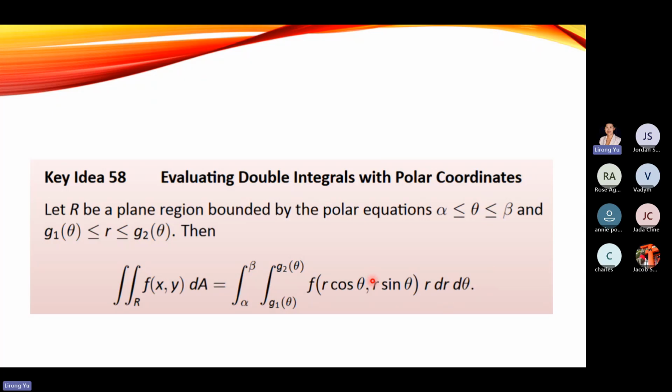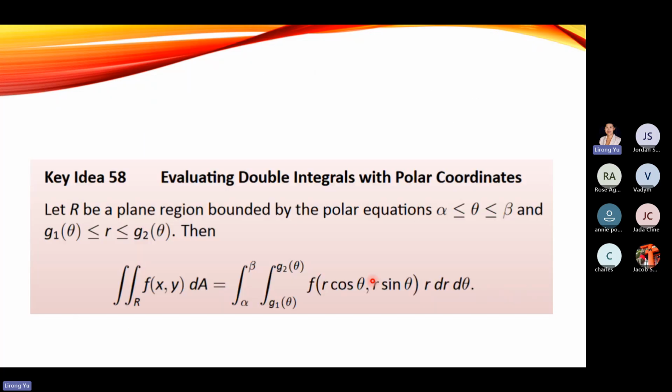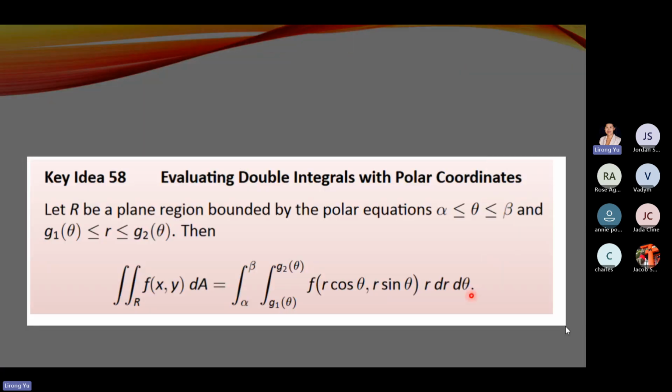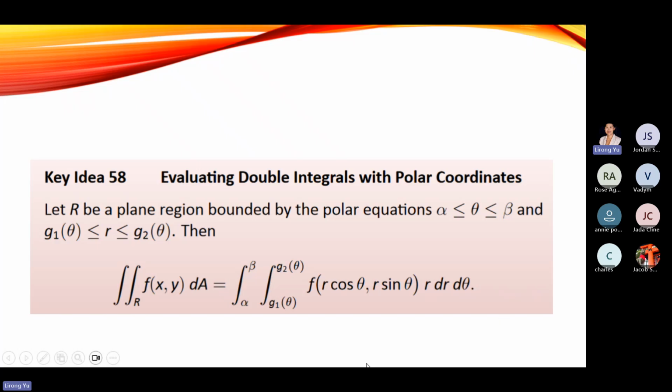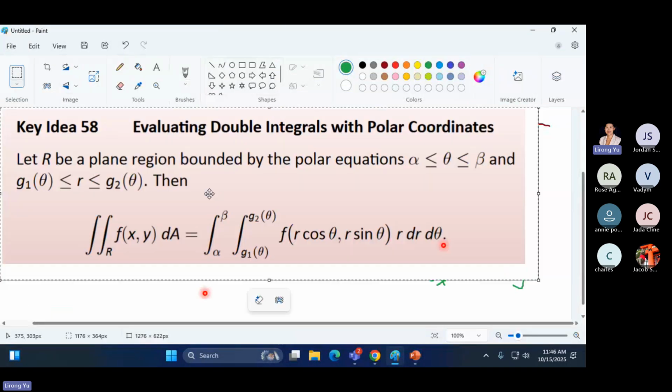So this is pretty much a geometric way, through studying the picture. We realize dA equals r dr d theta. However, there's also an algebraic way of thinking about this, at least our textbook's way.